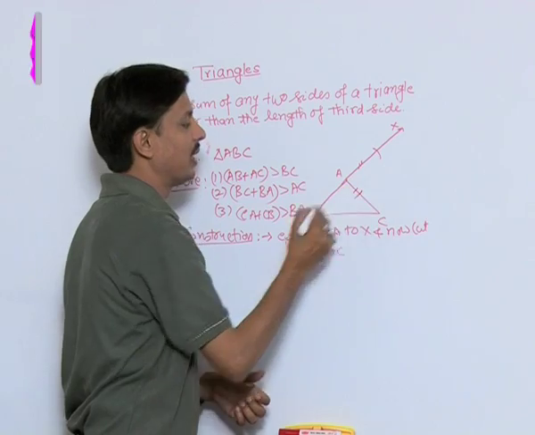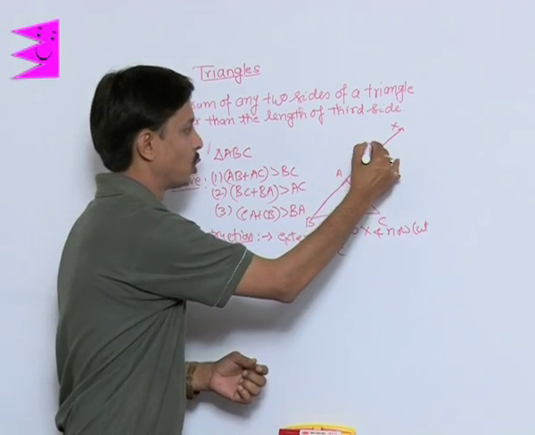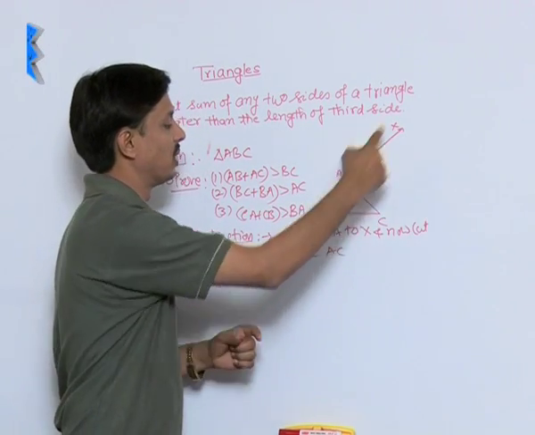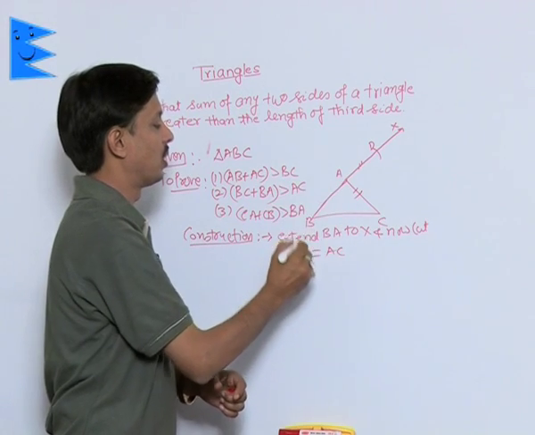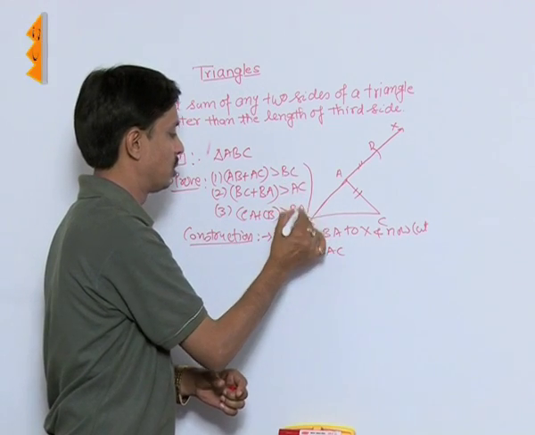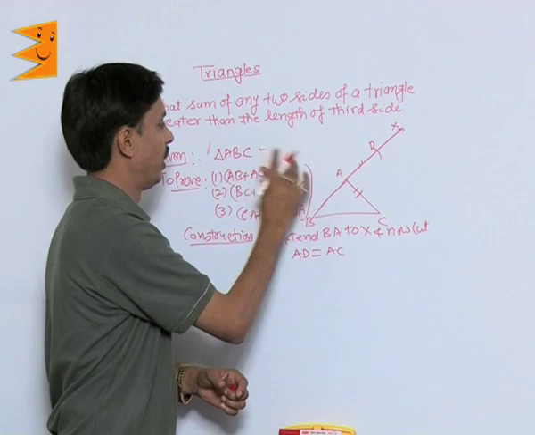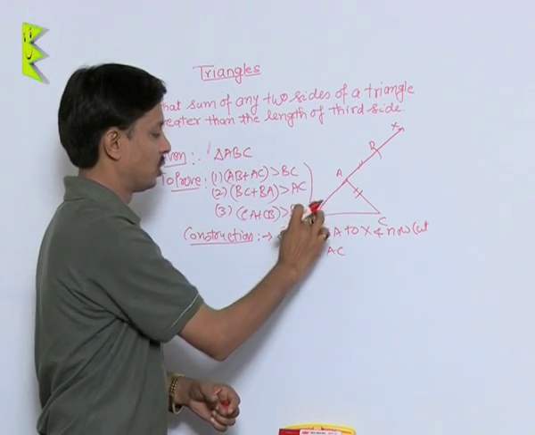This AD and AC are equal, so D is a point on the extended part of BA. This is the given, and this is what is to be proved.